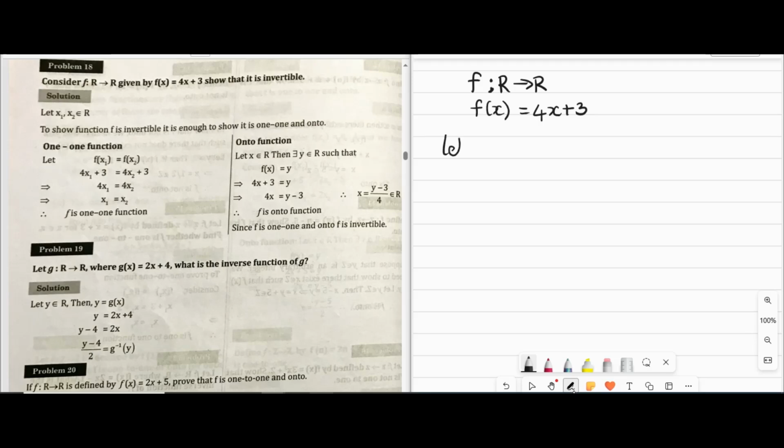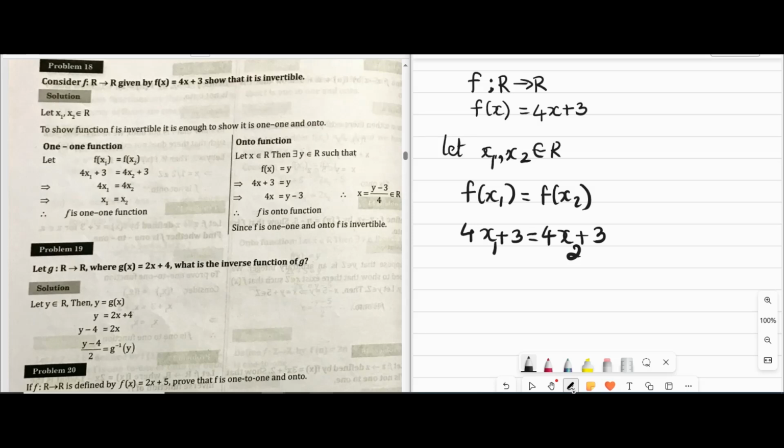So let x1, x2 belong to R such that f of x1 will be equal to f of x2. So now, f of x is 4x plus 3, so 4x1 plus 3 will be equal to 4x2 plus 3. Here it is 1 and here it is 2. So what happens?